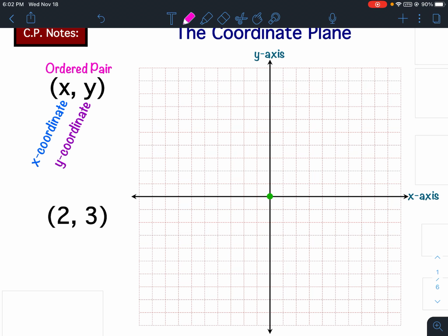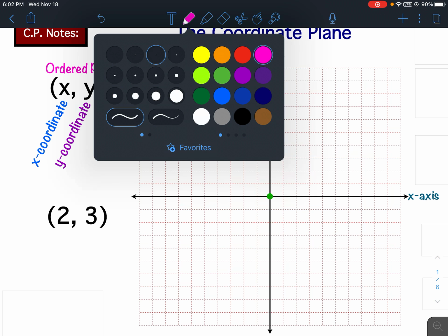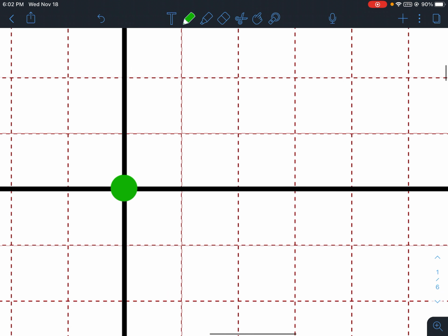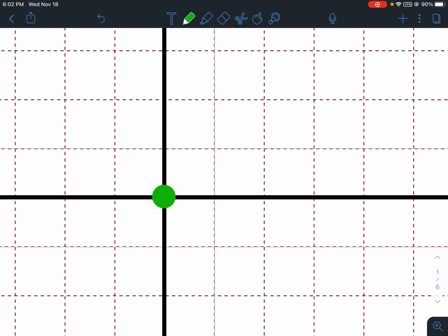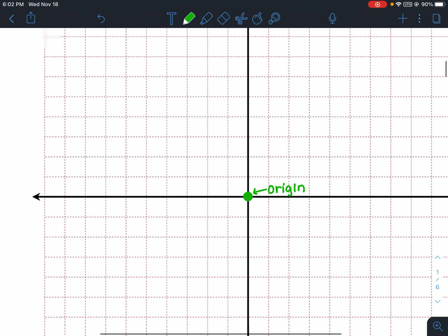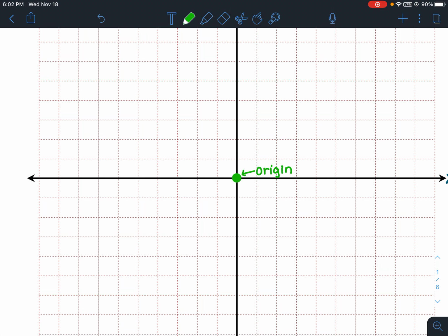So where the 2 axes intersect, that's going to be your center. Okay? And that center point is called the origin. You don't have to draw these arrows. Going to the right of the origin are positive numbers.